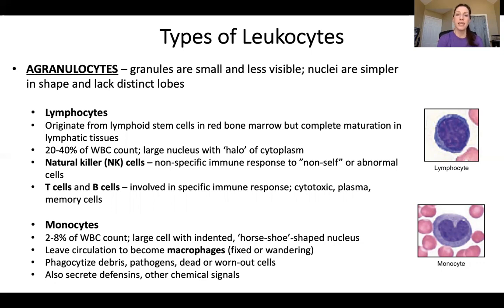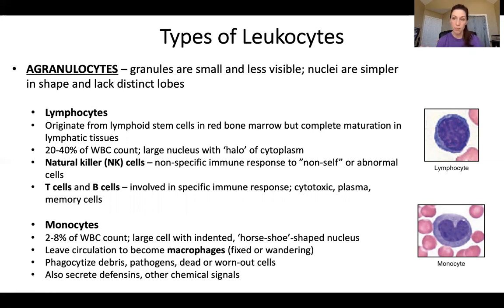So thinking back to the first video, when we were looking at the differentiation of blood cells, and we talked about the fact that you've got myeloid stem cells and you've got lymphoid stem cells, and the lymphoid stem cells only give rise to lymphocytes. So your lymphocytes are those that originate from the lymphoid stem cells in the red bone marrow, but many of them are going to complete their maturation process in lymphatic tissues.